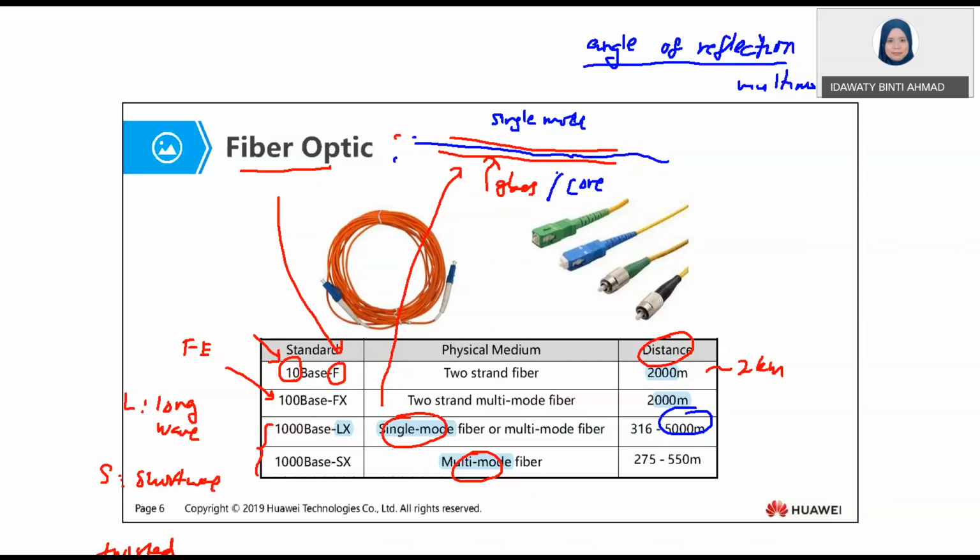So you can have a bigger glass. And when you send the signal, depending on the angle of reflection, this signal will reflect here and then go here and go here throughout the channel.